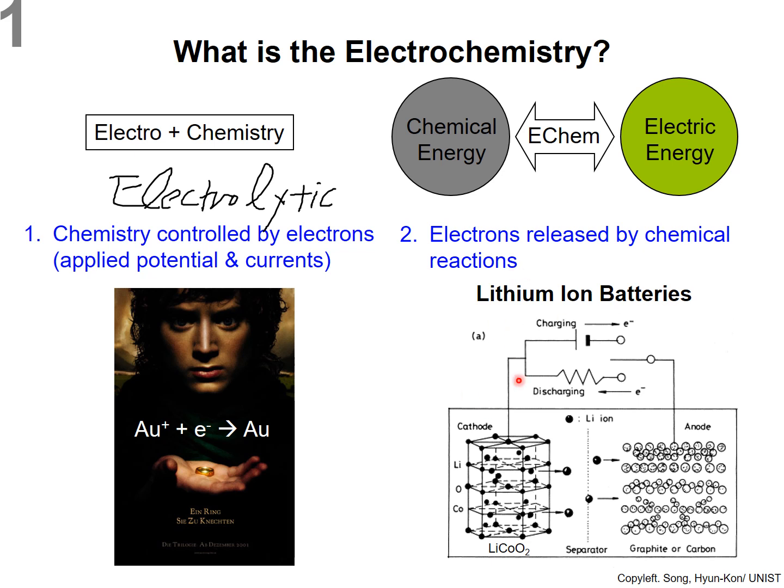So this second definition of electrochemistry is about galvanic cells. So you have learned about those two different cells already in the previous chapter 1a.